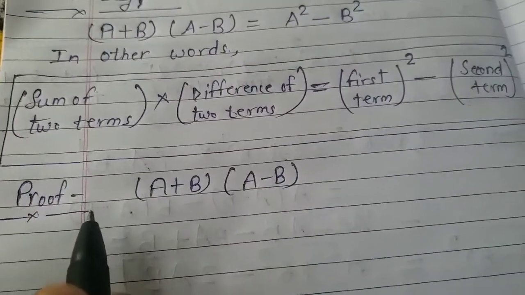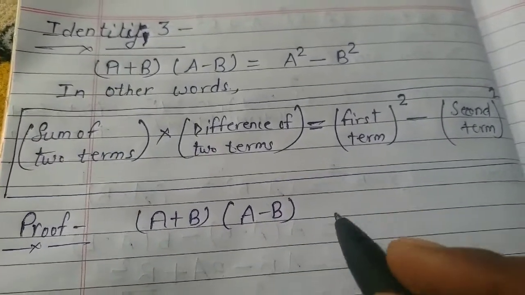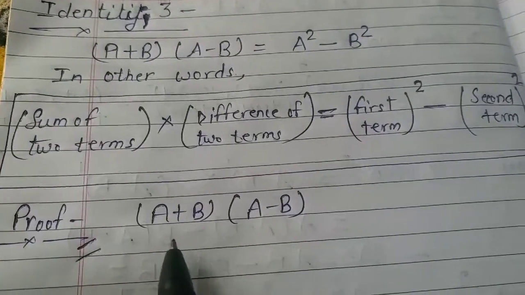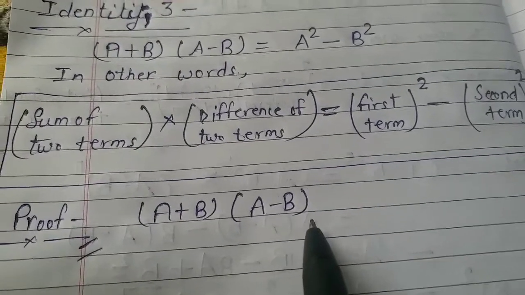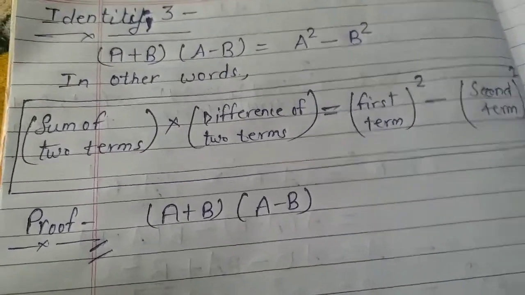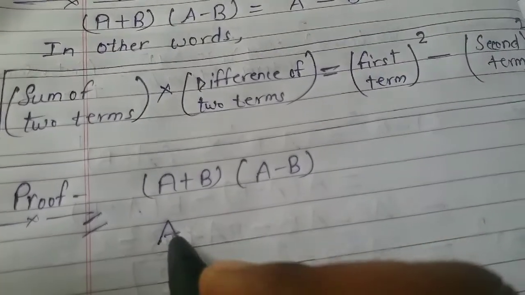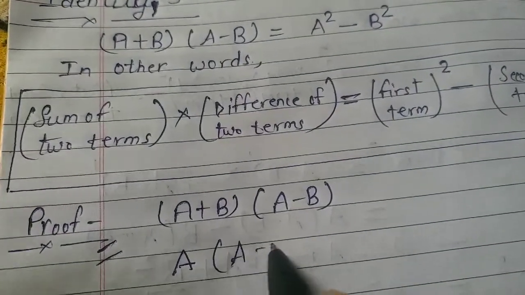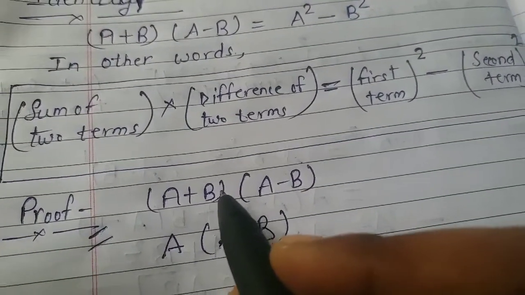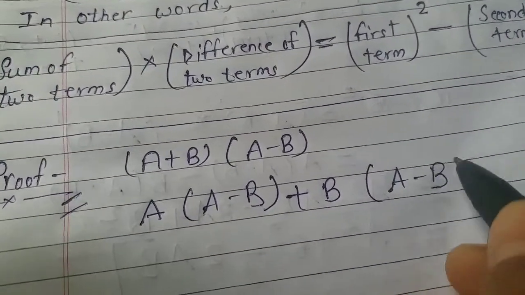Now I am going to prove the third identity, that is (a + b) multiplied by (a - b) gives a squared minus b squared. First take (a + b) multiplied by (a - b). Now we can multiply these two binomials like this. First take a from the first binomial and copy the second binomial (a - b). Again, after taking a, the remaining term is plus b; write plus b and copy the second binomial, (a - b).